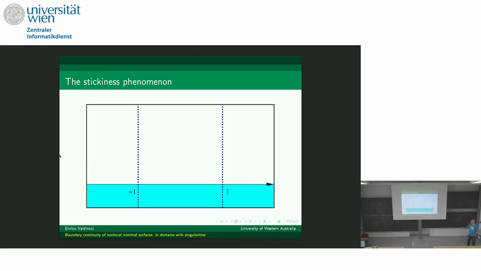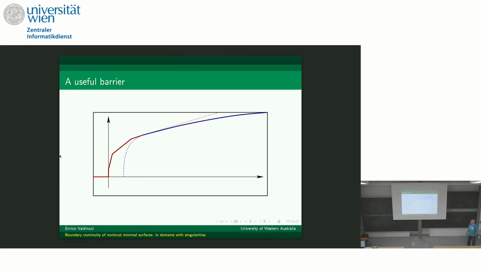So for instance, if you start with a half plane, you get a half plane, but if you perturb it a little bit, then you already have a sticky surface like this. If you make it more evident, you will appreciate the jump more. But in principle, these two bumps can be arbitrarily small and arbitrarily far away.